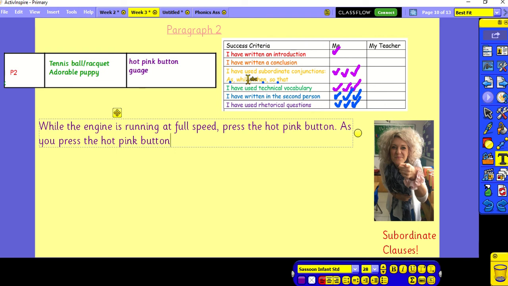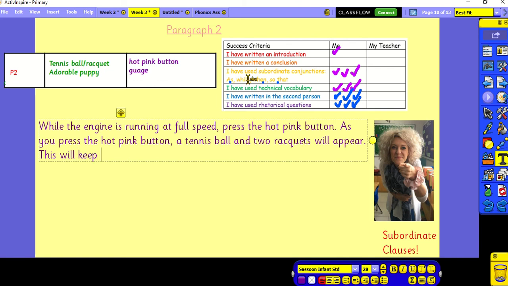As you press the hot pink button, comma, a tennis ball and 2 rackets will appear. Full stop. This will keep you and your friend entertained for hours.